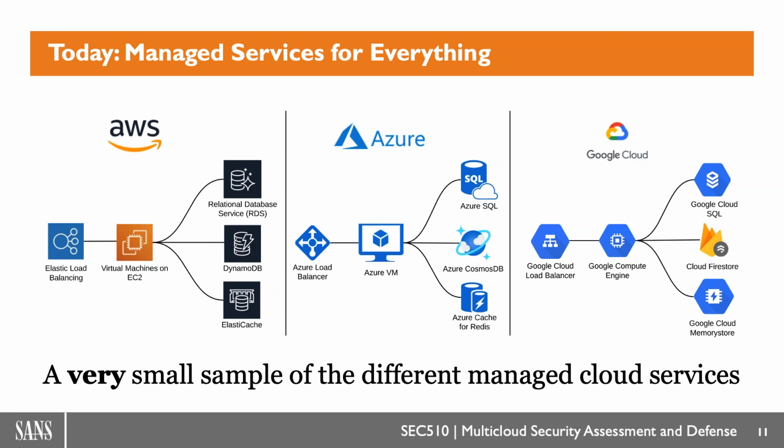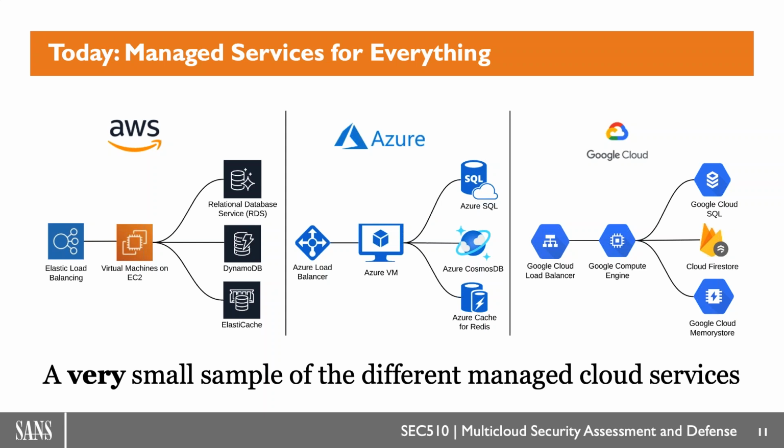Those VMs now are just more pass-throughs to other large-scale services like RDS out in Amazon's ecosystem, or Azure SQL, or Google Cloud SQL, or Redis clusters, or Firestore. We've got centralized storage.